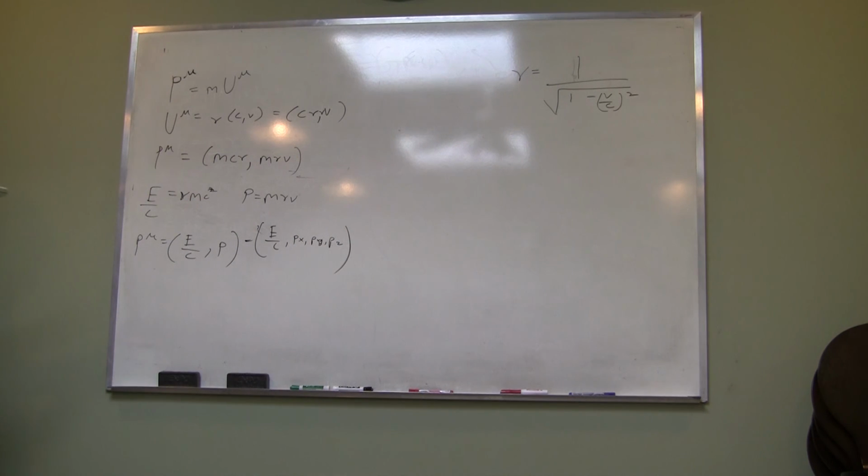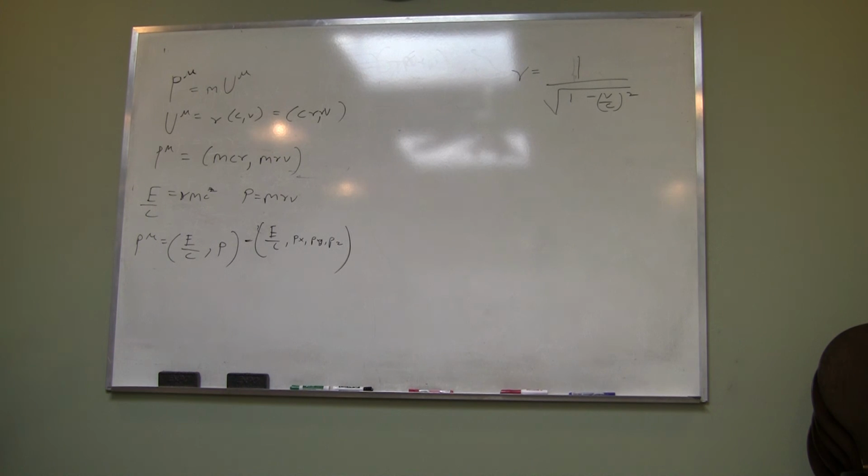To add something, I was a little bit confused on one point about this. The E here in the zero component is the total energy of the particle. If it's moving at a velocity v, gamma includes the rest mass mc square plus the kinetic energy that we saw earlier.